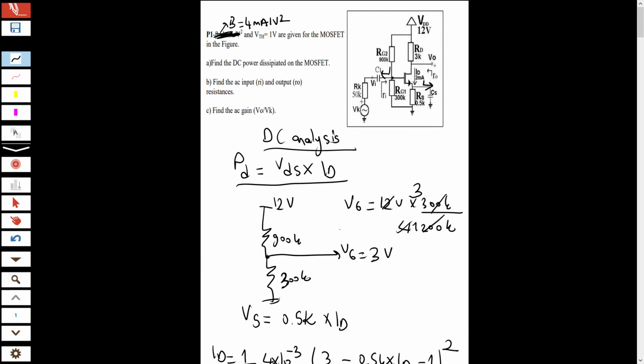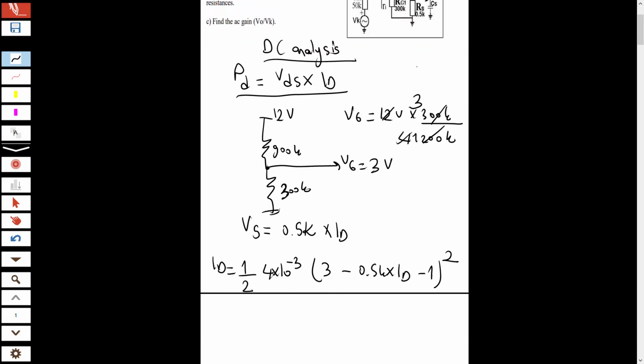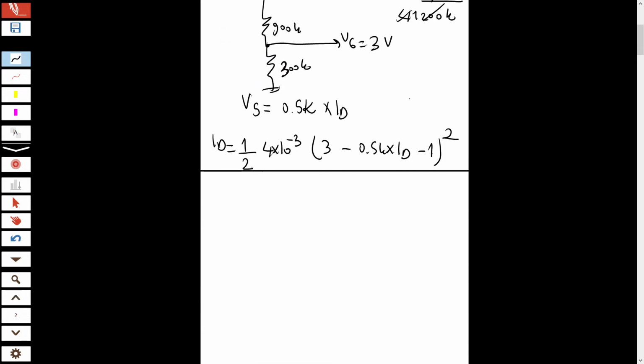Okay, ID is given in the question as 2 milliampere. Look at here, ID is given as 2 milliampere. So my equation simply becomes like this: 2 times 10 to the minus 3 equals 1/2 times 4 times (2 minus 0.5k times ID) square.